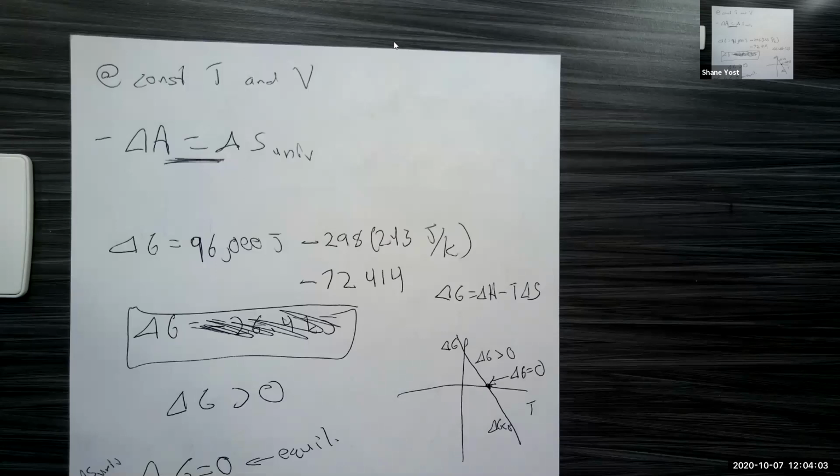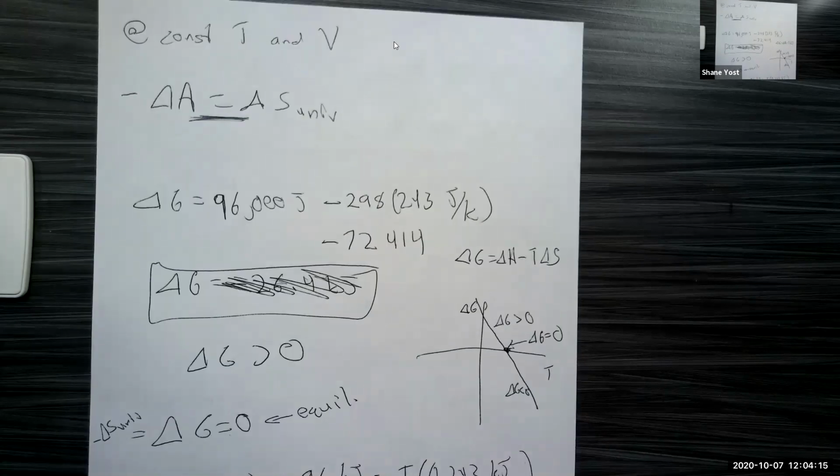But it's slightly arbitrary. You could have defined Gibbs free energy as TS minus H, but it was defined as H minus TS. So a negative delta G is spontaneous, and a positive delta G is non-spontaneous.